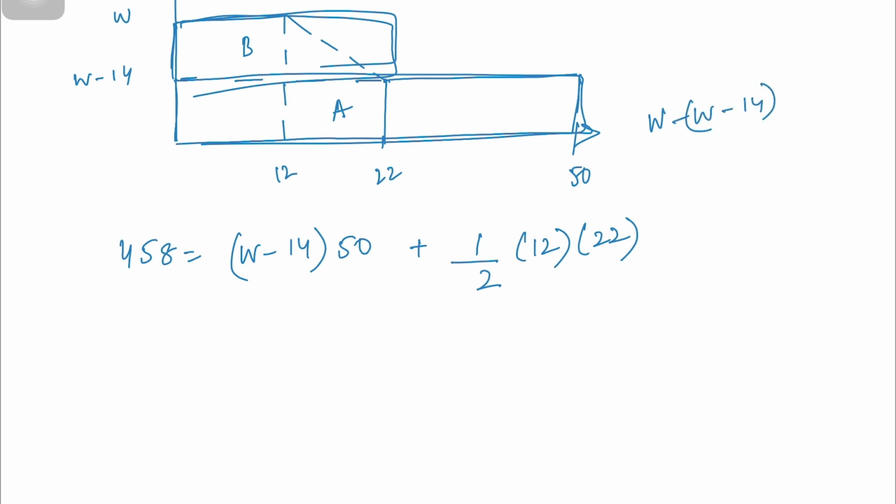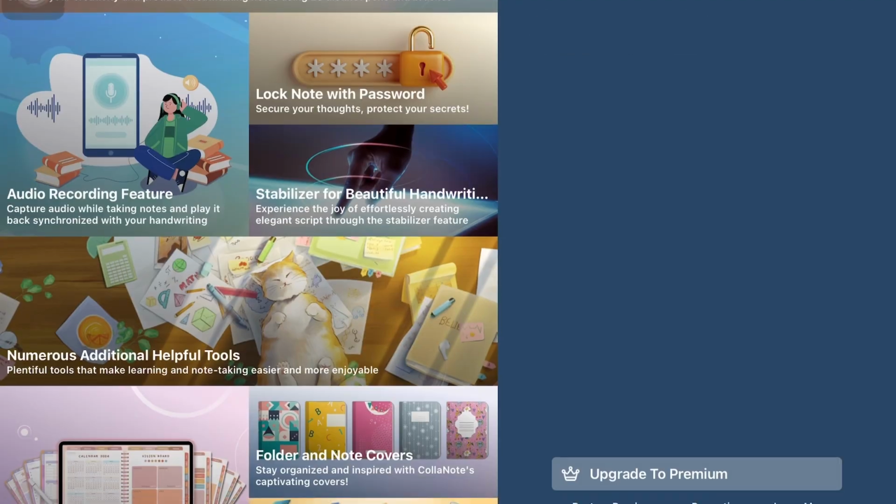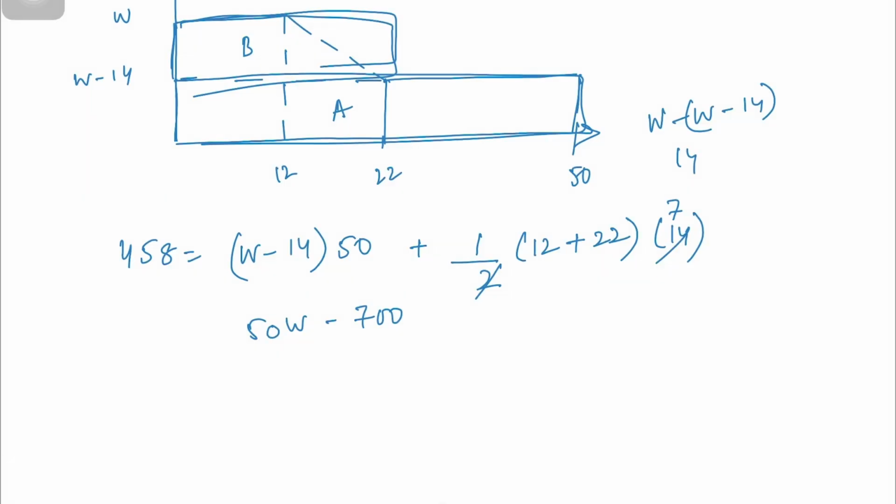So this is basically 14. This is the sum of two sides, and then this is 12. This is 7. Then we can calculate it. 50w minus this would be 700, I guess. Yes, this would be 700.